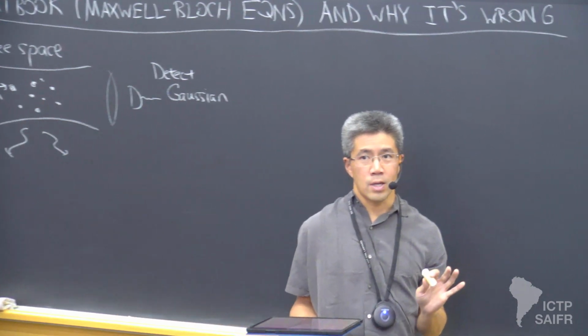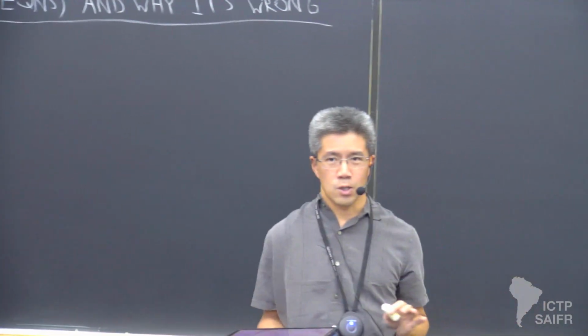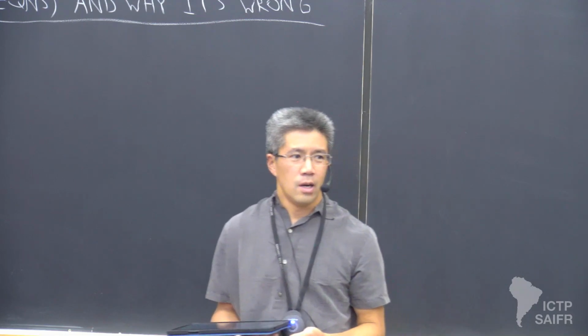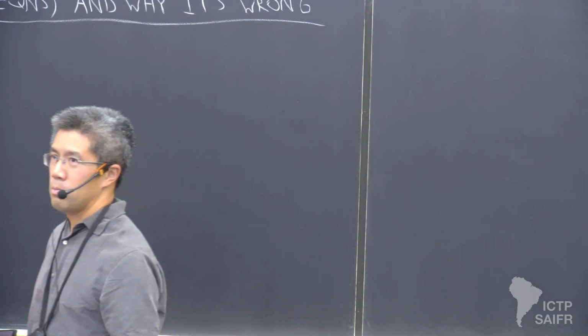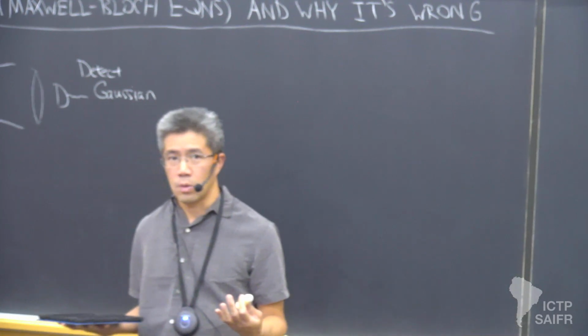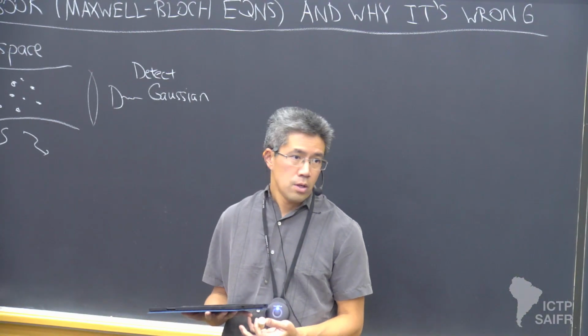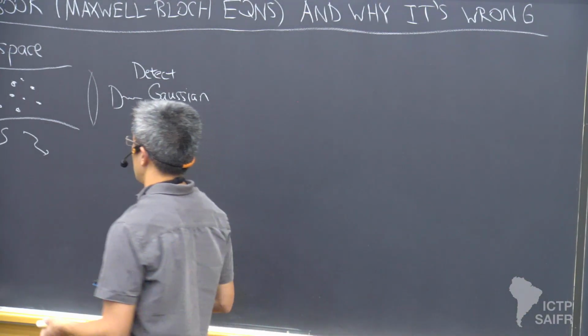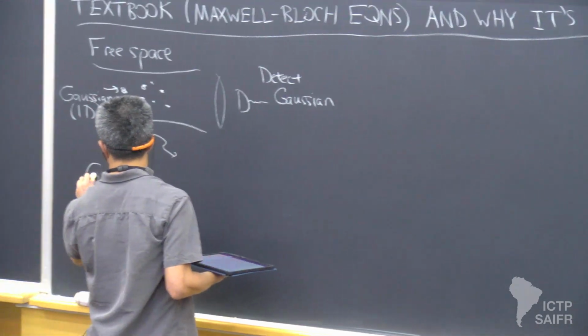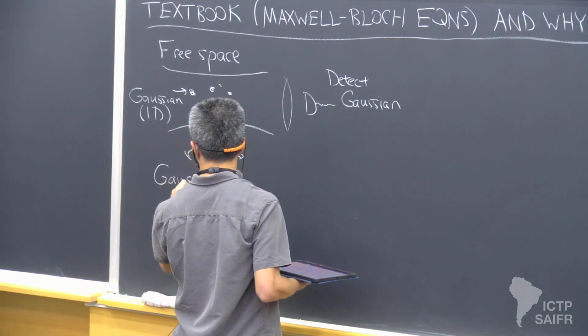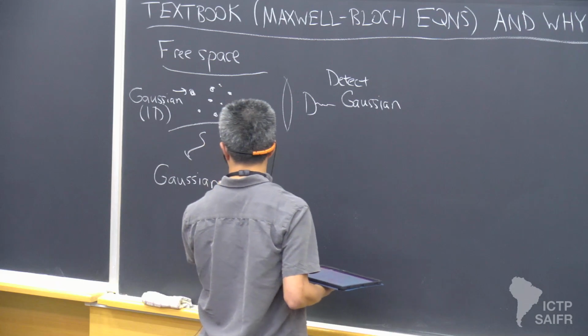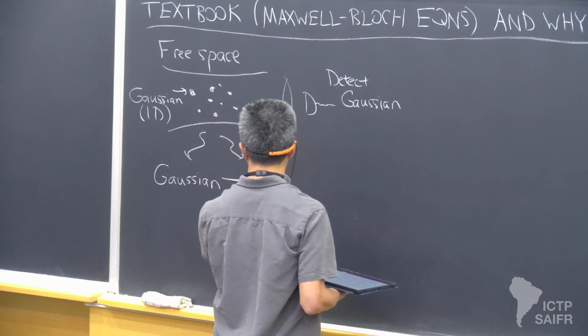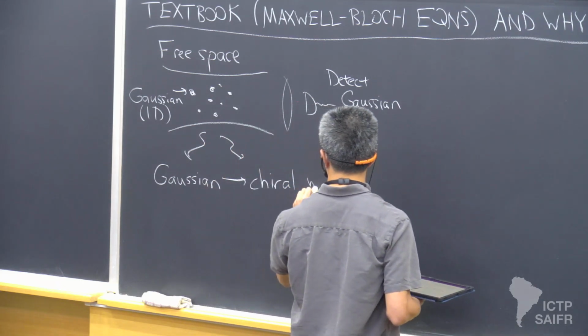So back then when they invented it, they had no idea that there was actually a thing as a chiral waveguide. But kind of made by historical accident, the equations they wrote down happened to be exactly the same. Okay. So the point is that this Gaussian beam propagation, you basically can mathematically map to the chiral waveguide.